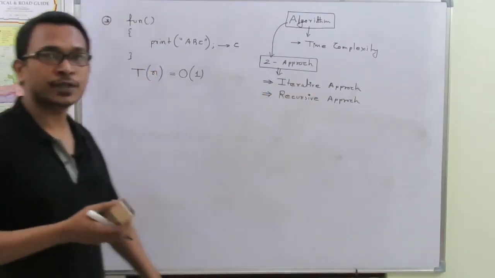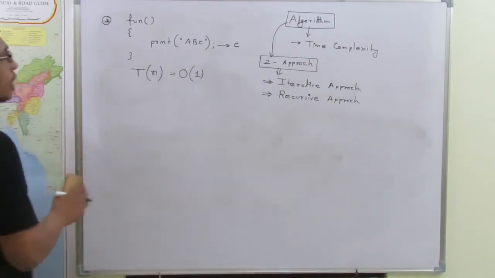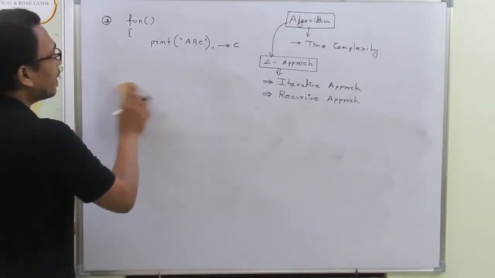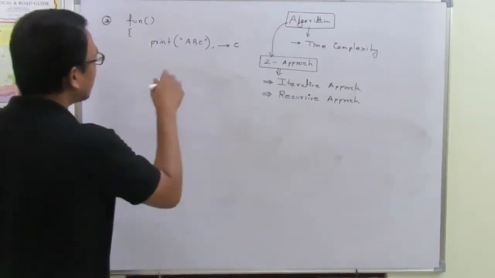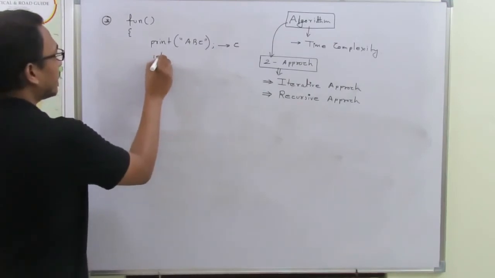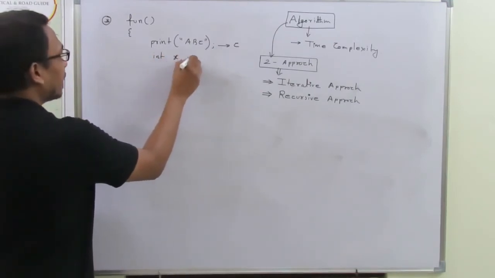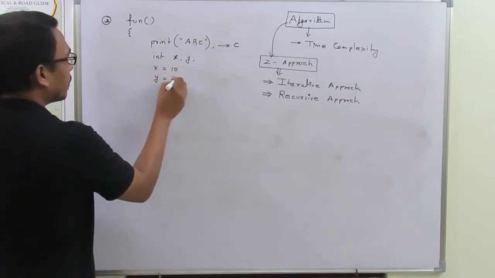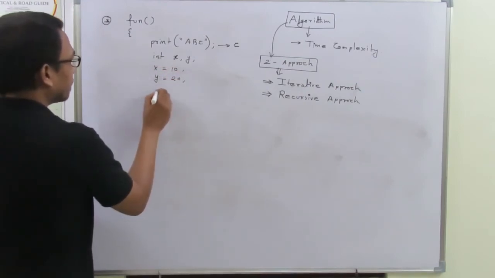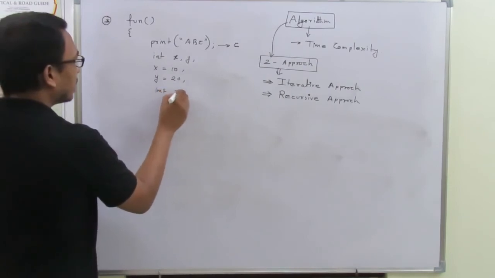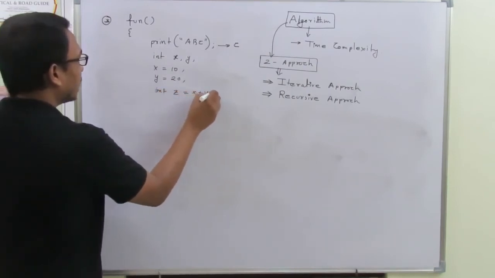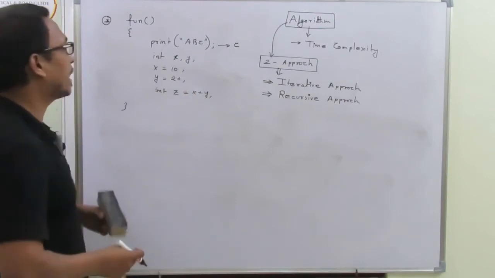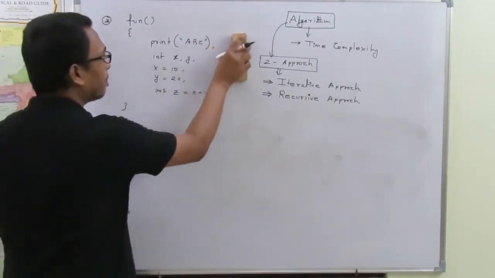So now what happens if there are some more statements, like integer x, y; x equal to 10, y equal to 20; integer z equal to x plus y. Now what will be the time complexity of this particular problem?